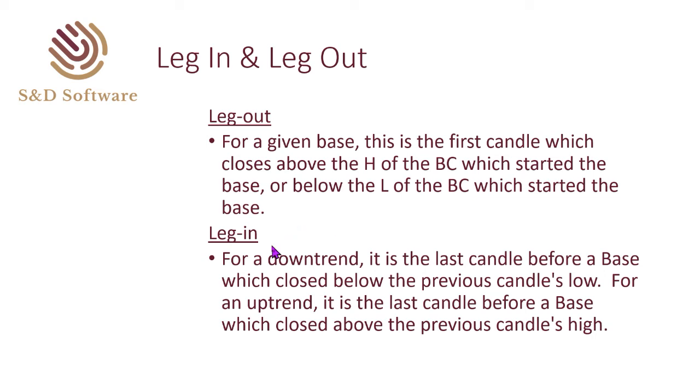The leg in, in the event of a downtrend, is the last candle before a base which closes below the previous candle's low. For an uptrend, it is the last candle before a base which closed above the previous candle's high.